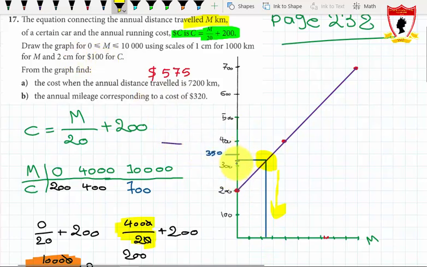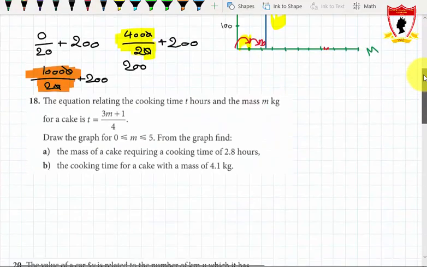Then $320 is opposite 2,500 miles. This is 1,000, 2,000, 2,500. The answer of part B is 2,500 miles. Done? Now let's move on to question 18.